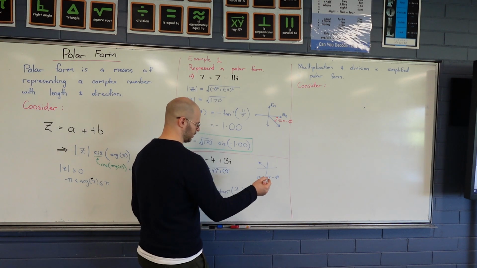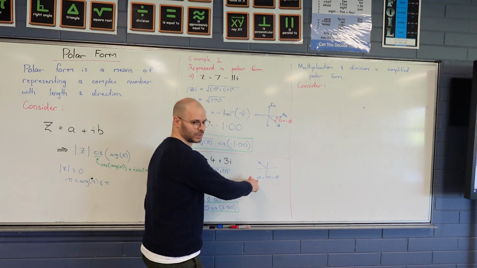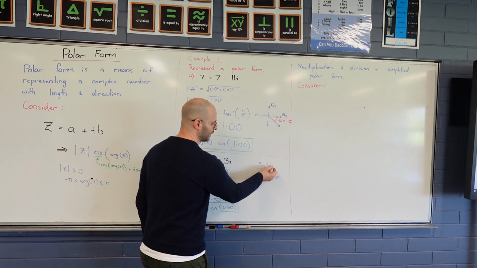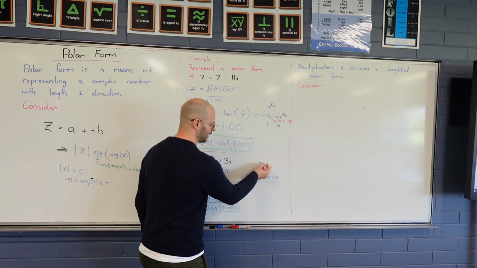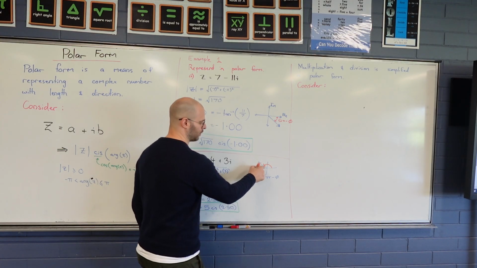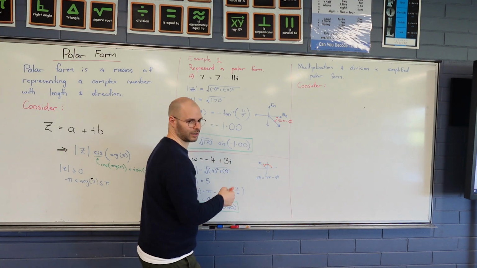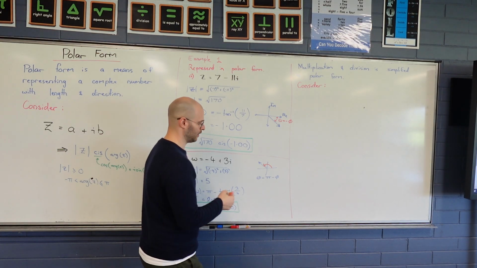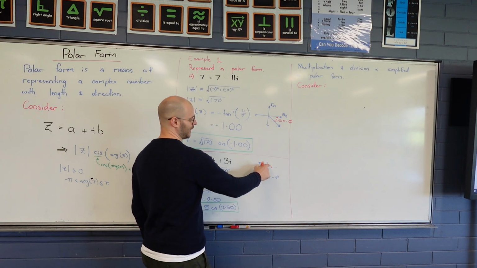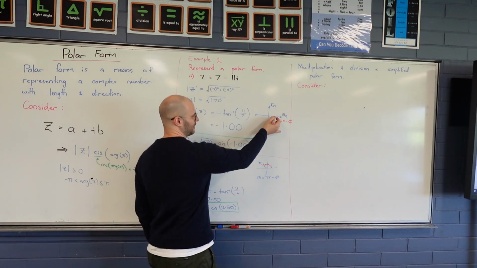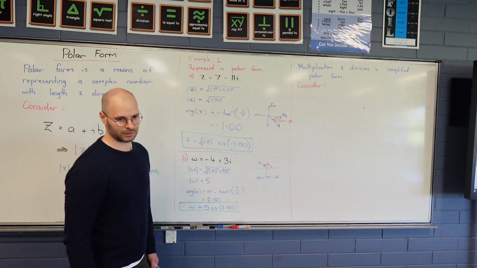Angle theta, which is our argument, is always starting from the positive side of the real axis and swinging toward the line that's pointing out, our complex number. So in this case, it's always like that. Whereas in this case, see how it's shorter to go from the positive part of the real axis downward? We go in that direction.